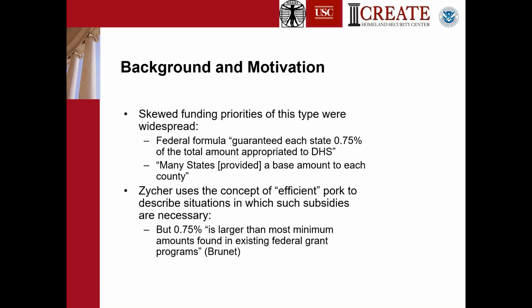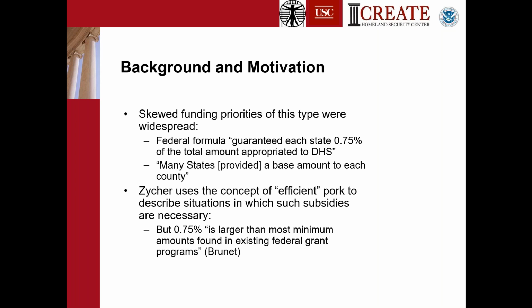And some states also followed the same kind of equal division. Imagine that a state got a big chunk of money from DHS, but had not yet set up mechanisms for deciding how to allocate it, taking proposals from cities and counties, etc. So some states also just divvied up their allocation equally between every county.